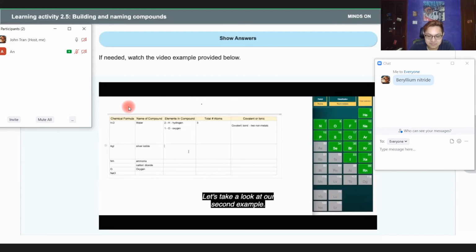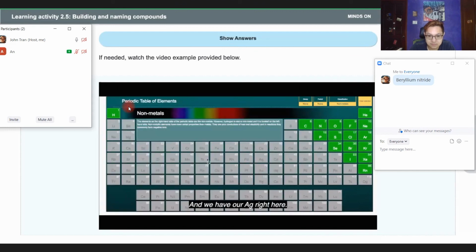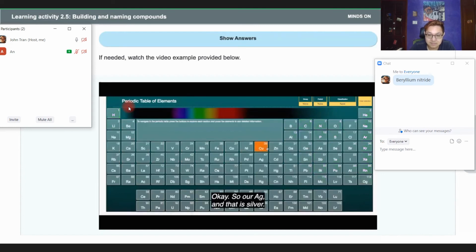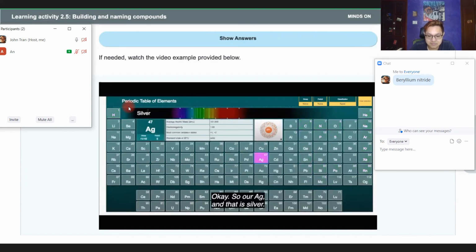Let's take a look at our second example. Here we have AgI, and the name of this compound is silver iodide. Let's go take a look and see what Ag and I are. We have our Ag right here, and that is silver, and our I, which is iodine. So let's go and write that in.